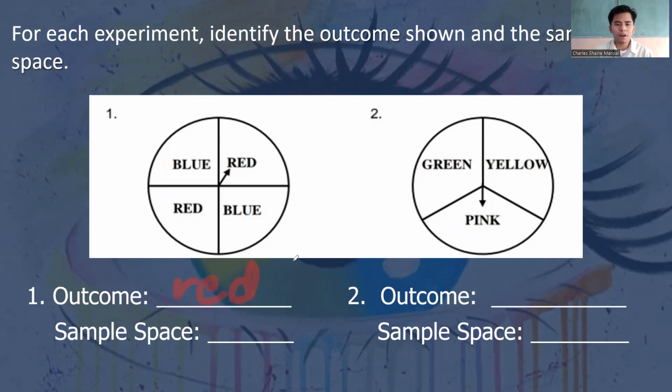Next, what are the sample space? So dito yung sample space natin is of course itong red and blue. Okay? Yung sample space natin is red and blue since ito yung portion ng red. Okay? Ito yung nakuha portion ng red. So we have red and blue.